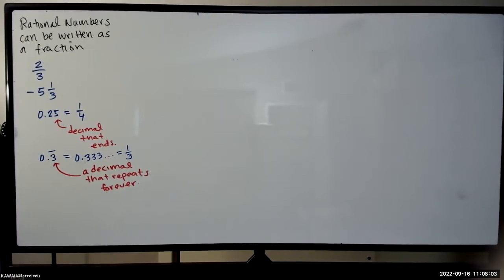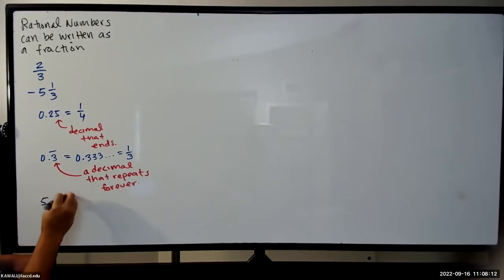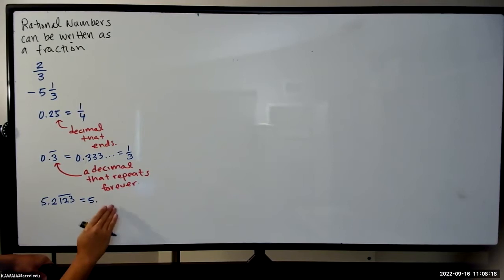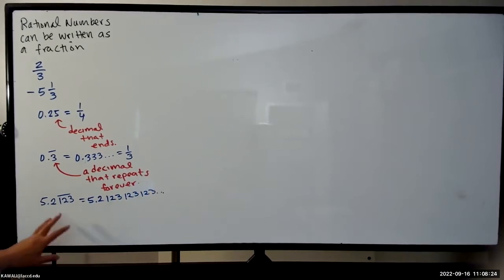Now it doesn't have to just be one number. It could be 5.2123 bar. So that's 5.2, 1, 2, 3, 1, 2, 3, 1, 2, 3. So more than one, a certain sequence can repeat forever.